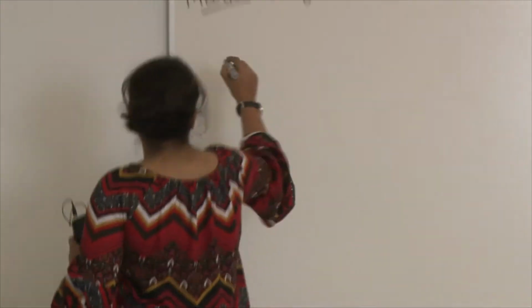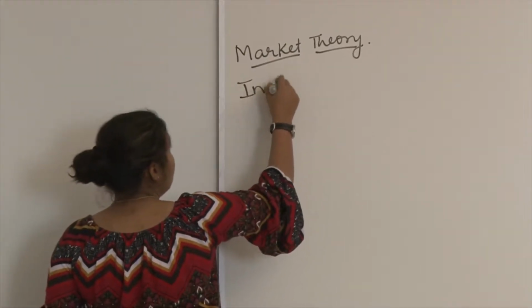But here we are going one level deeper and asking what is the structure of that market. This is a theory of that institution where the buyers and the sellers come and interact with each other. In some sense you can call this an industry rather than a market.